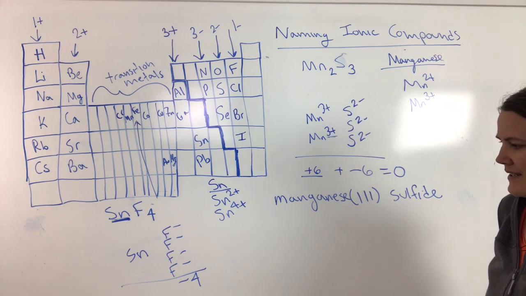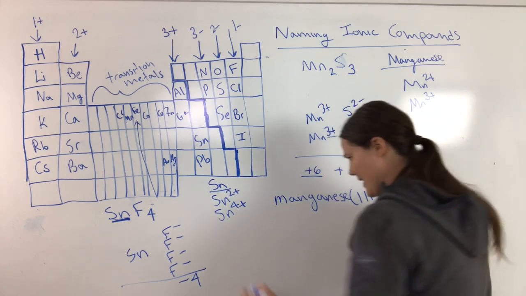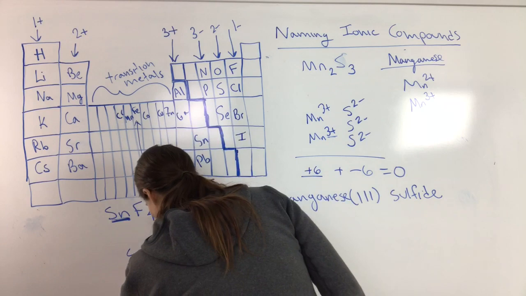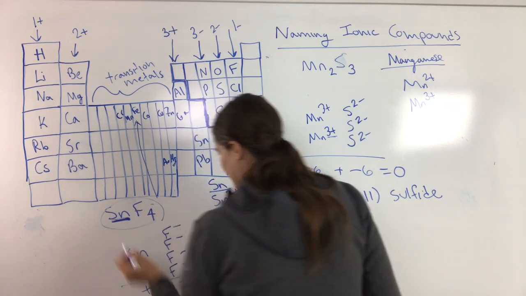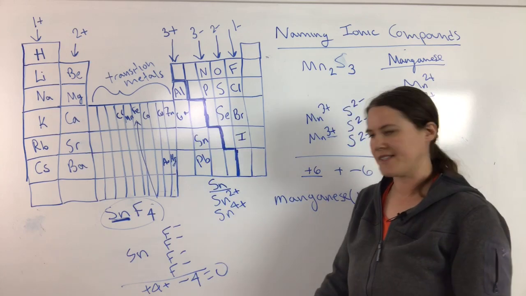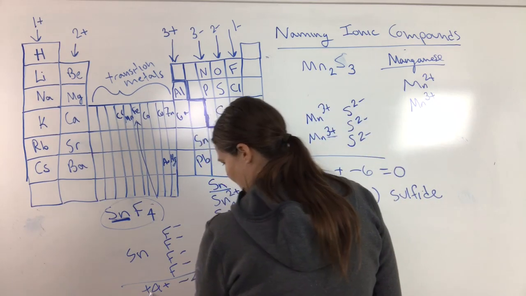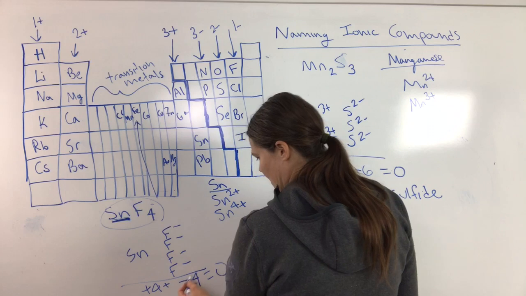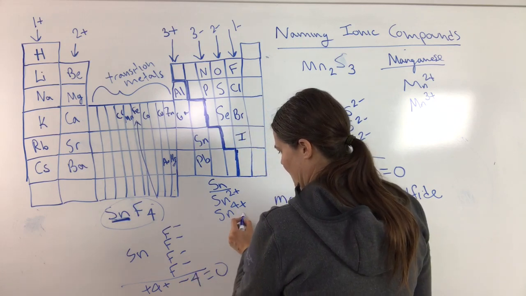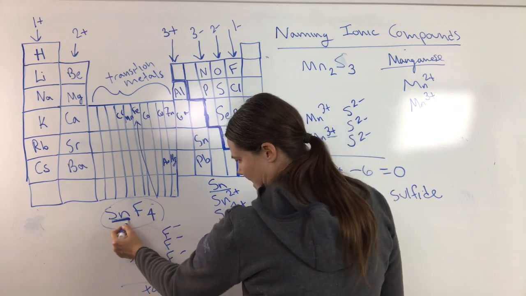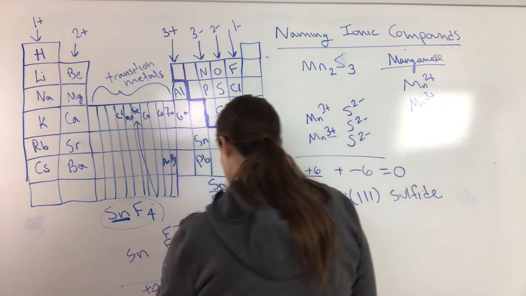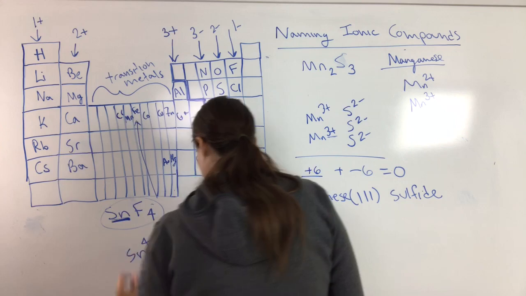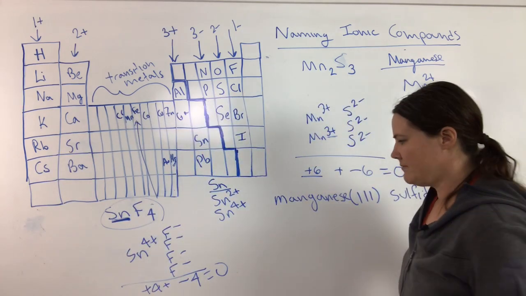So we need a +4 charge here because the net charge on this compound has to equal 0. So we have a +4 plus a -4. And we know that we have 1 tin because there's no subscript on the tin. So we know that this tin has to have a 4+ charge.